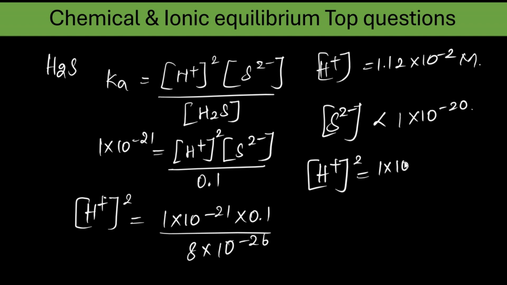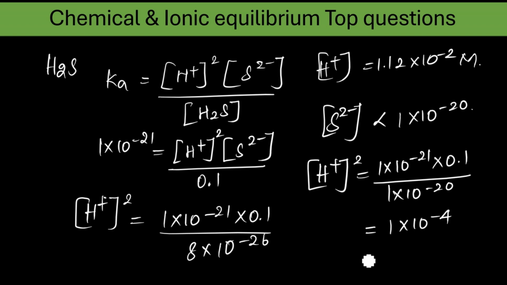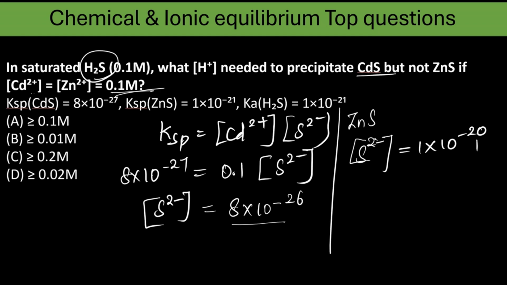So 1 into 10 to the power minus 21 into 0.1 divided by 1 into 10 to the power minus 20, where I will get 1 into 10 to the power minus 4. So the H+ concentration will be 0.01 molar. So the answer must be greater than 0.01 molar.